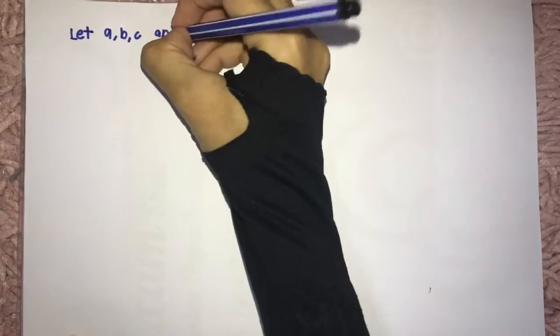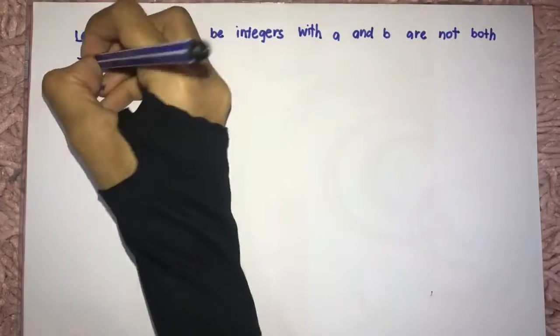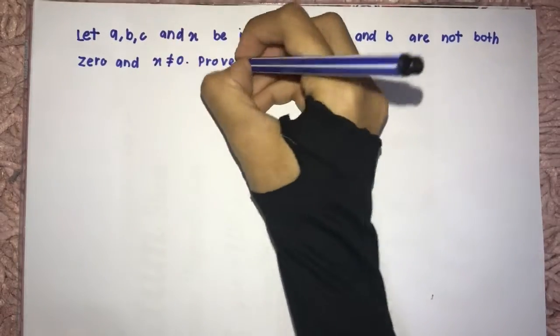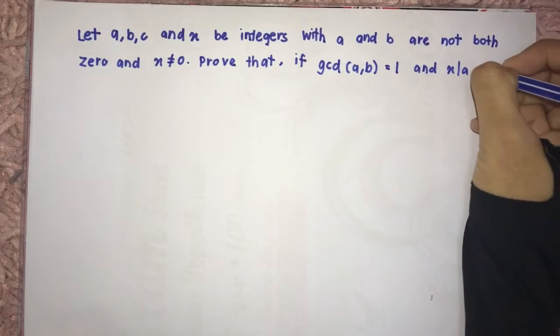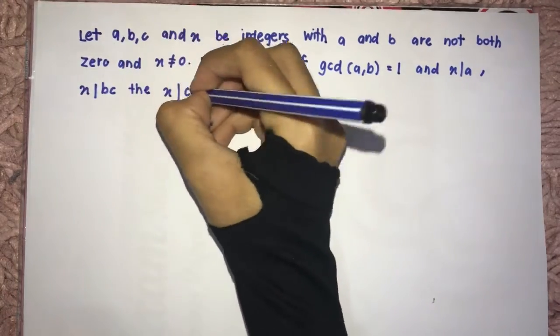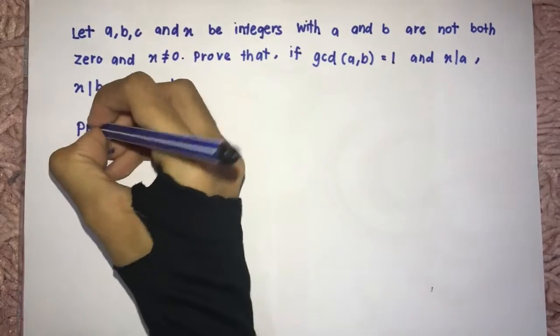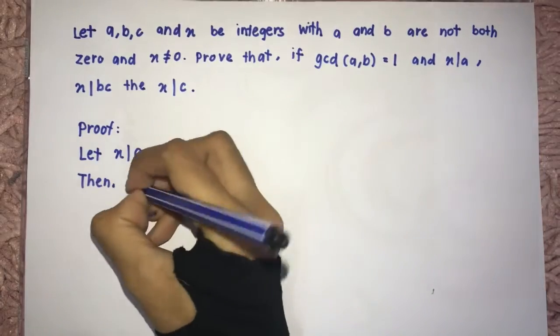For question number 5, let a, b, c, and x be integers with a and b not both 0 and x not equal to 0. Prove that if gcd(a, b) equal to 1 and x divides a, x divides bc, then x divides c. So, for the proof, let x divide a and x divide bc.